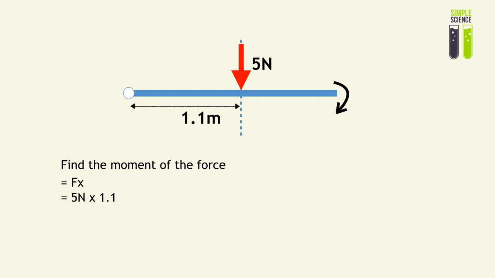So the moment of the force is equal to 5.5 newton meters. Remember, the perpendicular distance from the pivot is always x cos A. But in this situation, A is equal to 0. And when A is equal to 0, cos A is equal to 1. So 1.1 cos A is equal to 1.1.